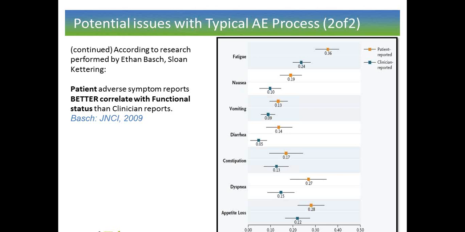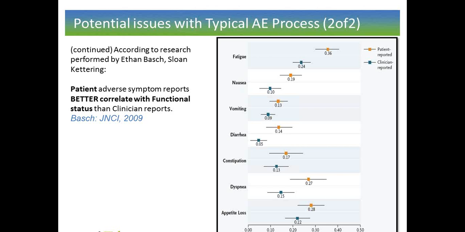As they approach 0.5 on the strength of concordance scale at the bottom is when they're most in line with the true functional status that the patient is experiencing. So not only is the clinician downgrading the event, but they're not as close to correlation with the actual functional status of the subject.